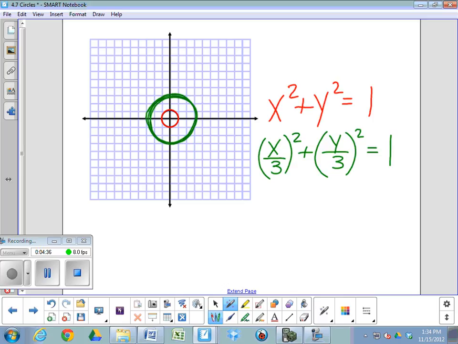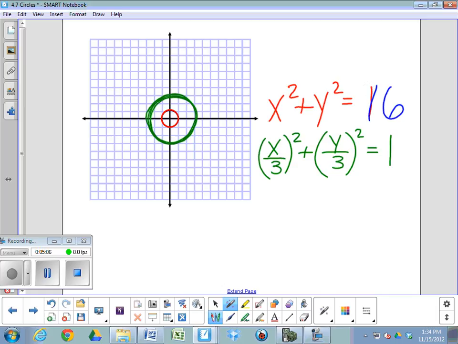What did we put over here in this red equation to make the radius 2? We didn't put a 2 over here. Do you remember what it was? A 4. If you wanted to make the radius 3, remember what went over here? 9. If you wanted to make the radius of the circle 4, what's 4 squared? You'd put a 16 over here.